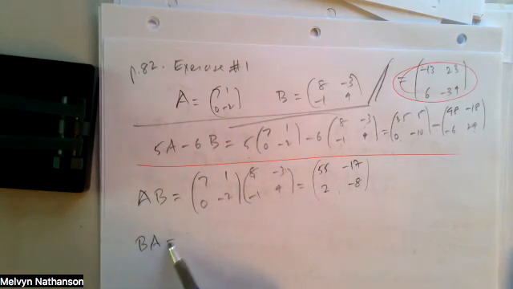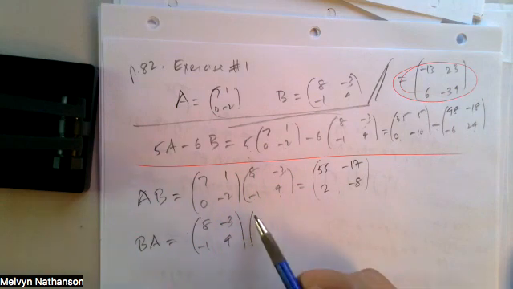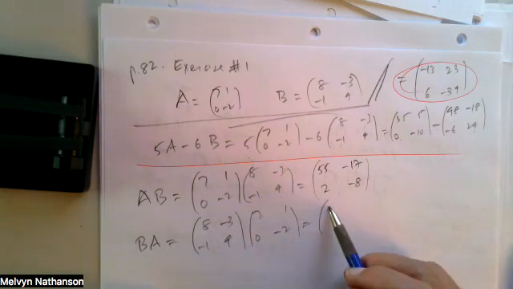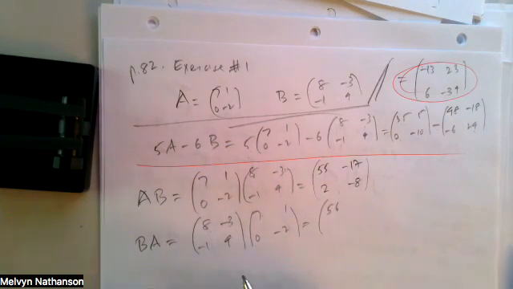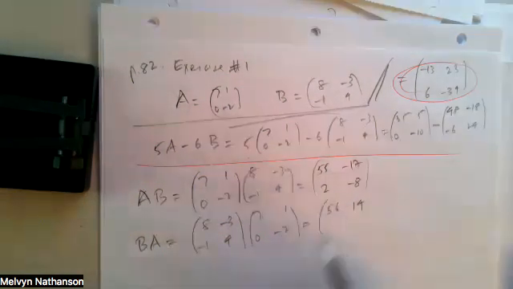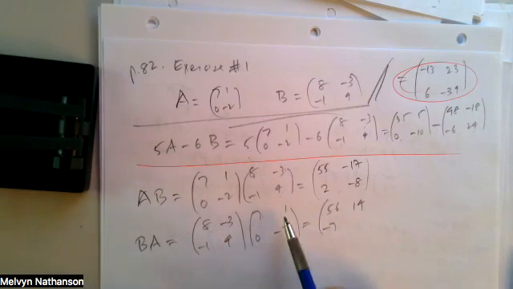What happens if you multiply in the opposite order? 8, minus 3, minus 1, 4 times 7, 1, 0, minus 2. 56 minus 0 is 56. 8 plus 6 is 14. Minus 7 plus 0 is minus 7.